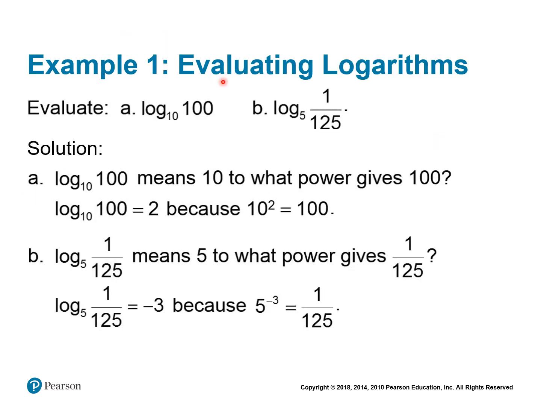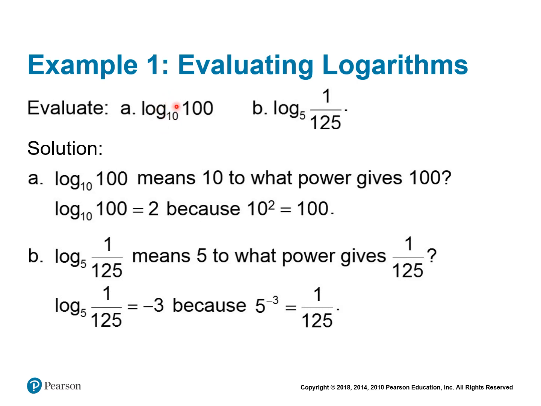We are now going to learn how to evaluate logarithms. Now keep in mind that the outcome of the evaluation from a logarithm is an exponent. The answer that we are looking for here is going to be the value of an exponent. So we have two examples here.